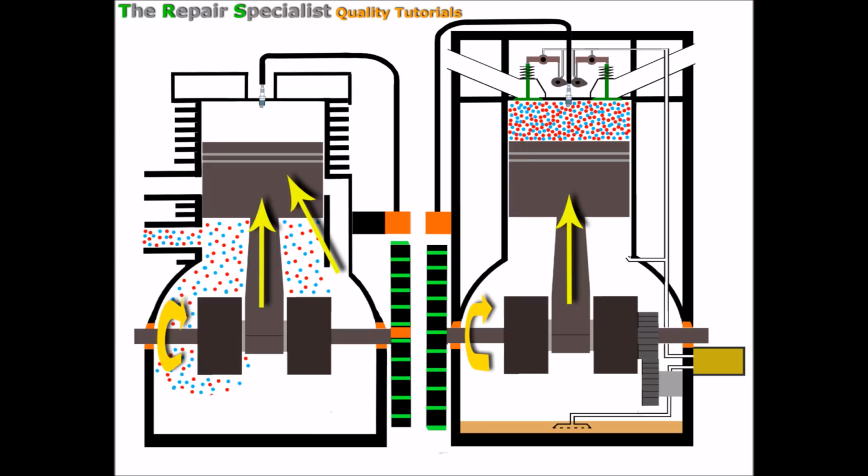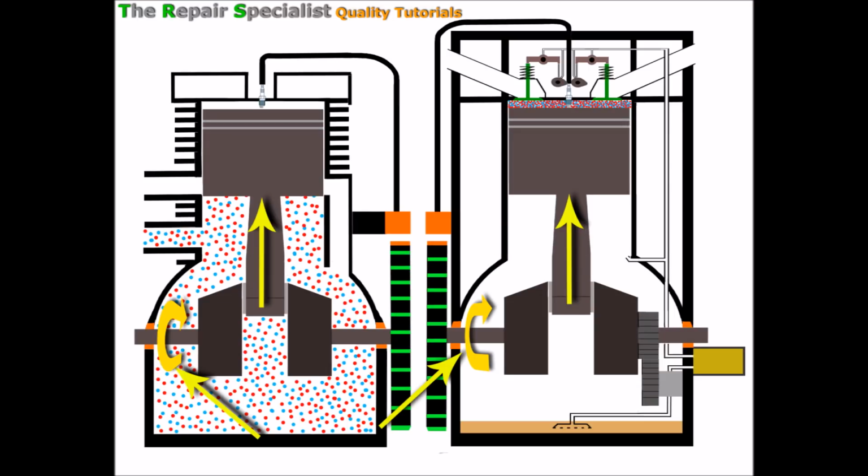As the piston goes up, it's creating a vacuum behind it and drawing in that air and fuel. And as we can see, that's quite different to the four-stroke, because the four-stroke doesn't have any air and fuel underneath the piston at all. All there is underneath the piston is the oil in the sump and some components. So we've got air and fuel at the top of the piston only with the four-stroke.